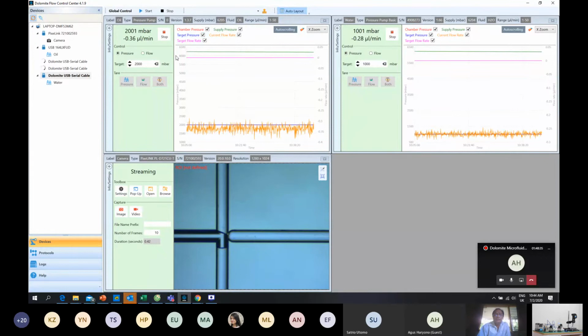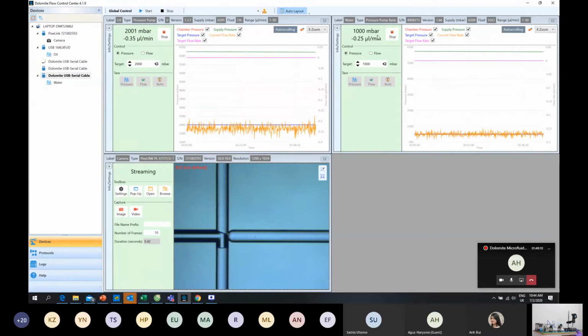As you can see here, the first pump is oil. I already applied a pressure of 2000 millibar, but I didn't turn on the valve. We have a valve connecting the pump and the microchip, and it is closed, so there is no flow through the chip. This pump will be the water, with an initial 1000 millibar.